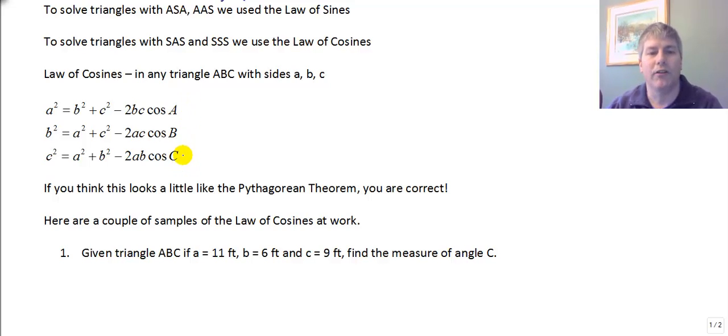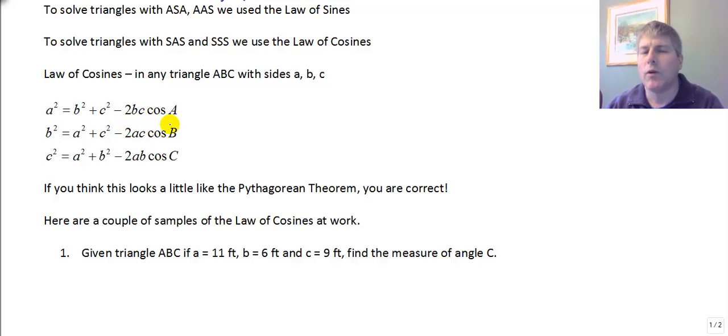Which one of these you use will depend upon the information that's provided for you. Okay? And if you think these all look a little like the Pythagorean theorem, you're correct, because we did use the Pythagorean theorem in establishing the law of cosines. I'm not going to prove this for you.